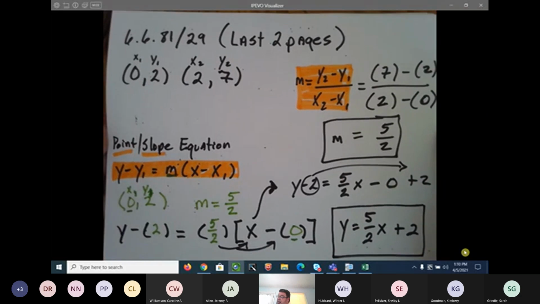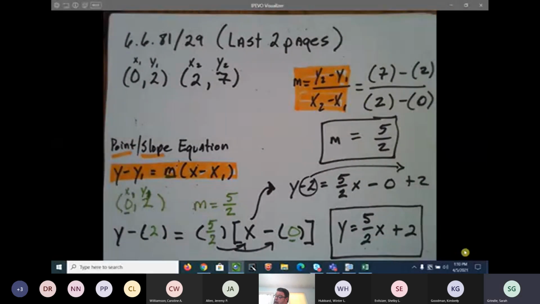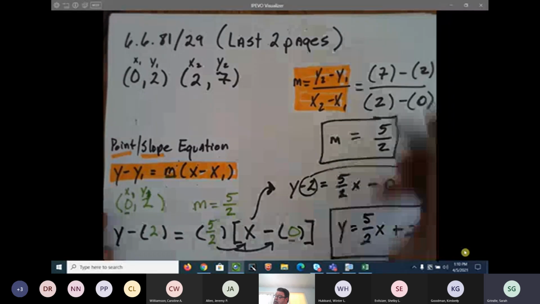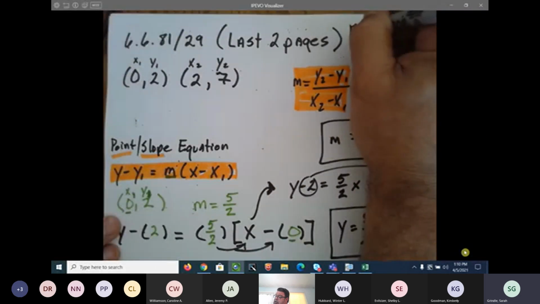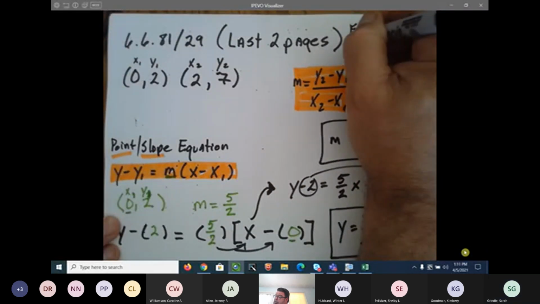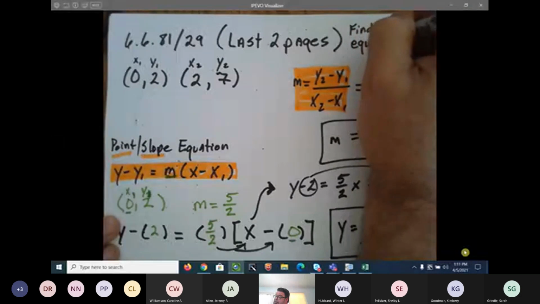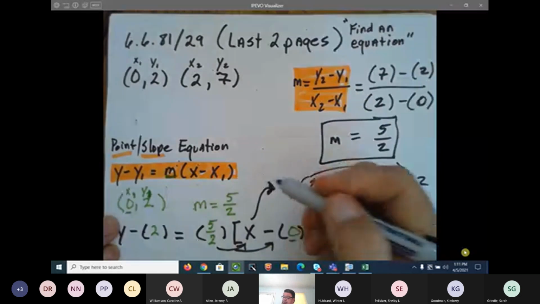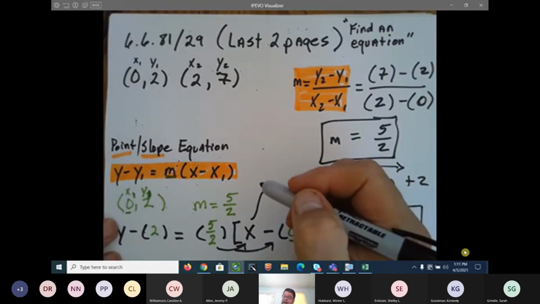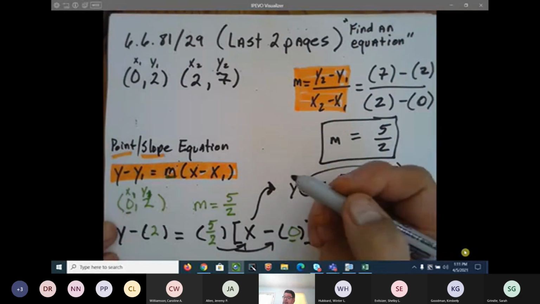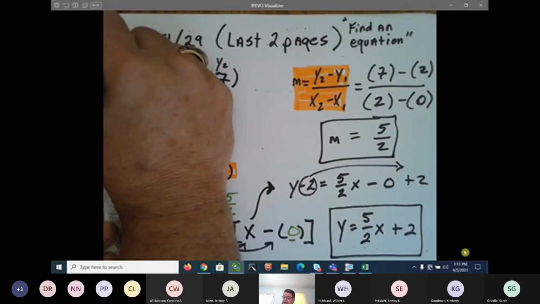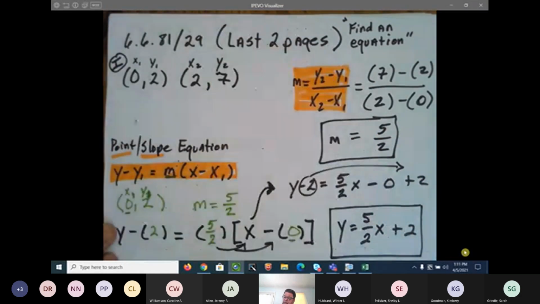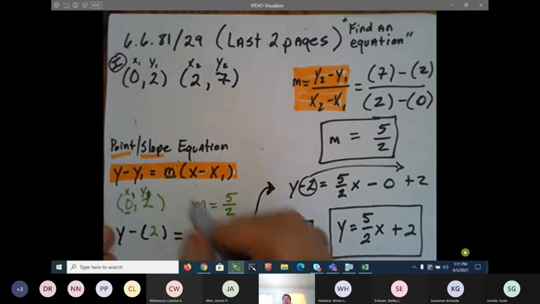Whenever you're asked to find an equation, that's the key words, you're usually going to have 2 parts. You're usually going to have to find the slope and then plug and chug into the point slope equation.